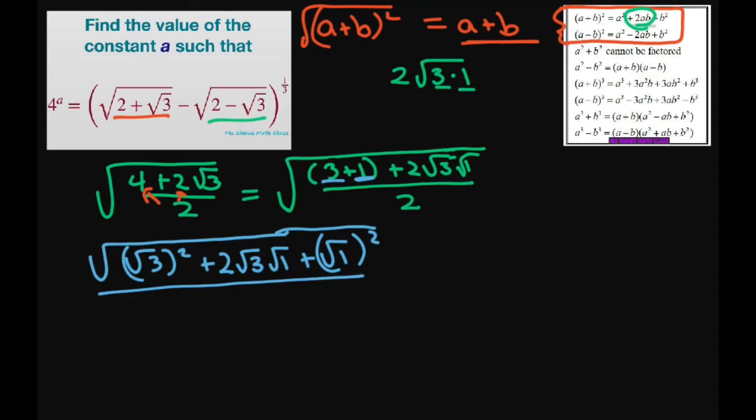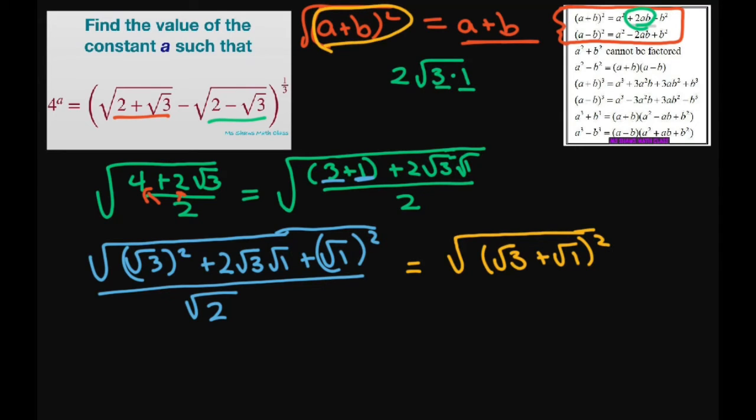And then our denominator, we're just going to separate that out and put square root of 2. Now I can write this as square root of 3 plus square root of 1, squared, all divided by square root of 2.